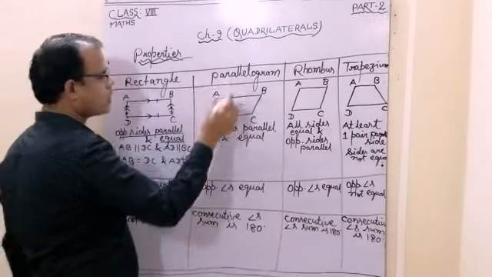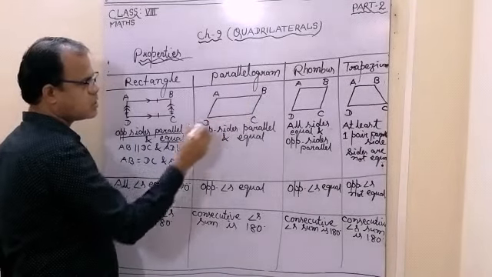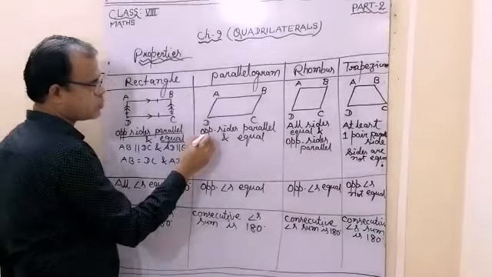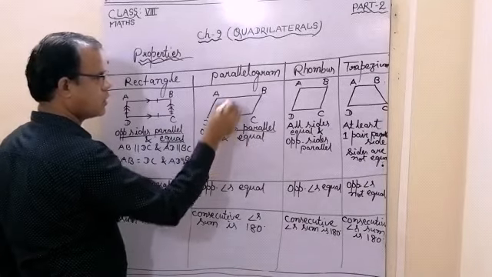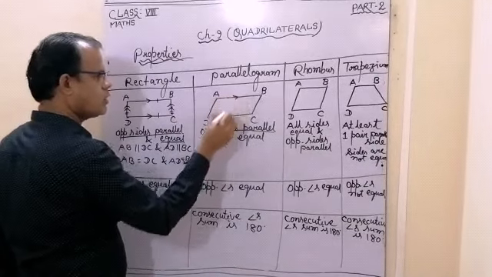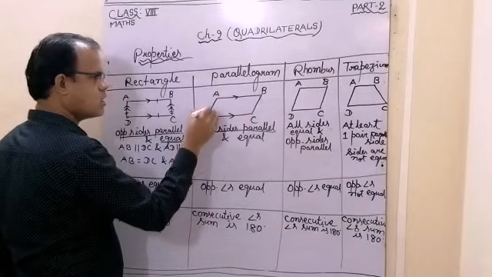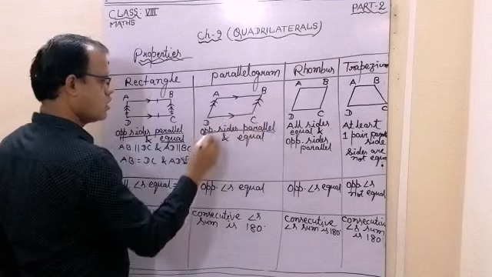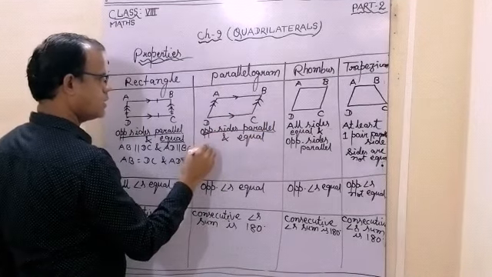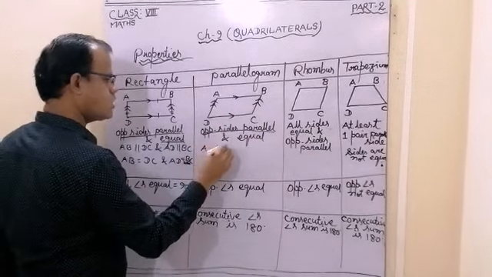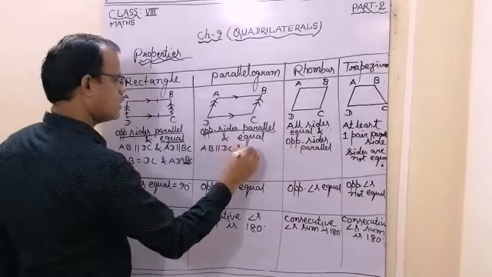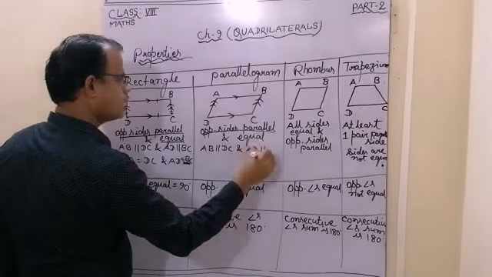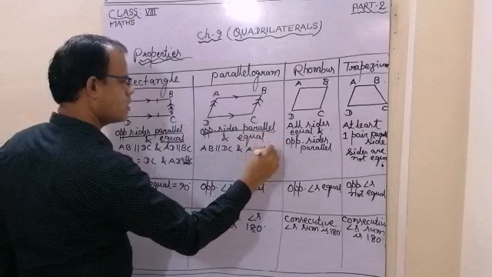Next, in parallelogram, here ABCD is a parallelogram. Here opposite sides parallel and equal. Opposite sides parallel means AB parallel to DC and AD parallel to BC. So we can write like that, AB parallel to DC and AD parallel to BC.